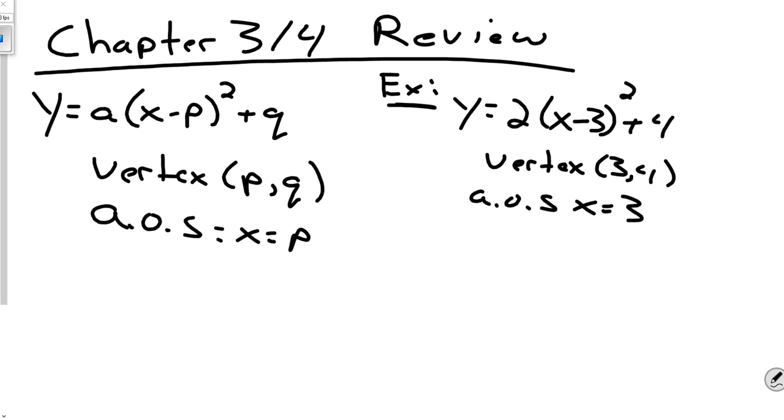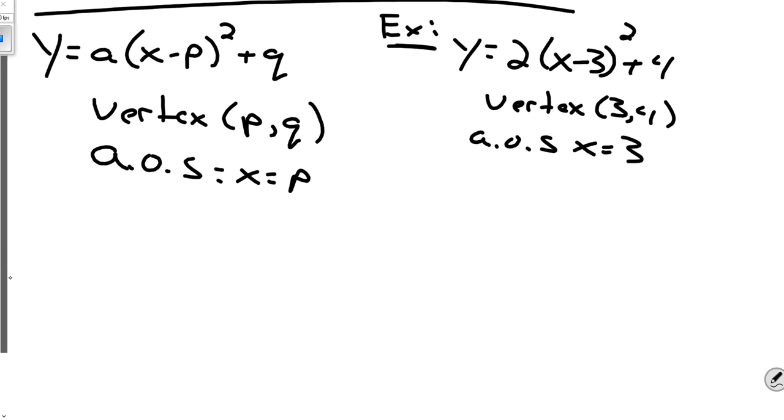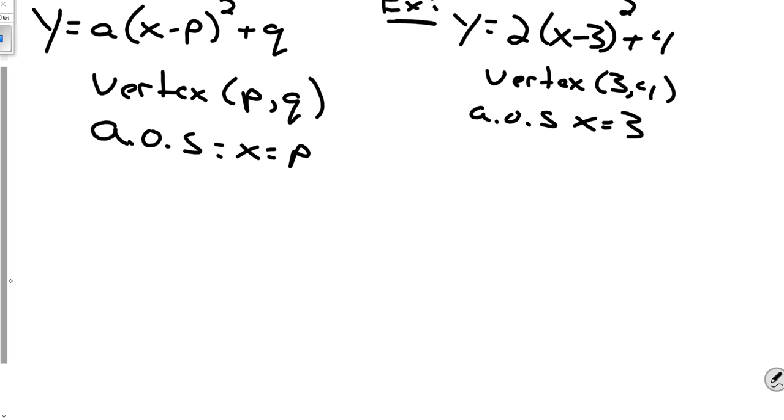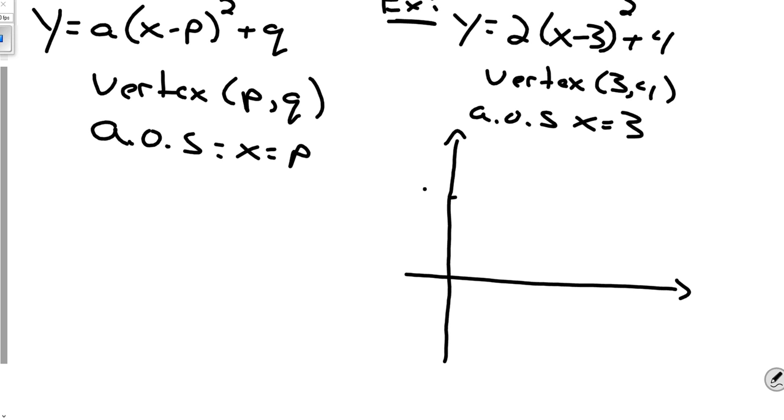So for this graph, we're going to make a very quick sketch. Because the axis of symmetry is just the x. So here's my vertex here. The graph does something like that, okay?